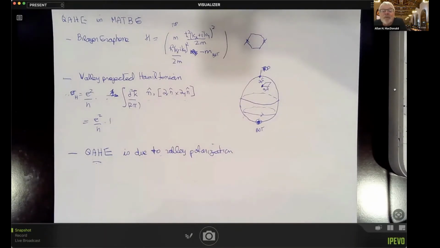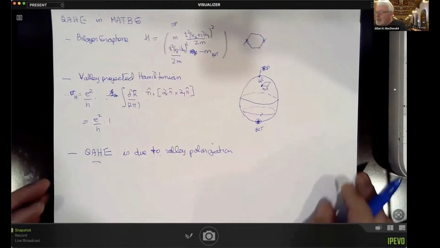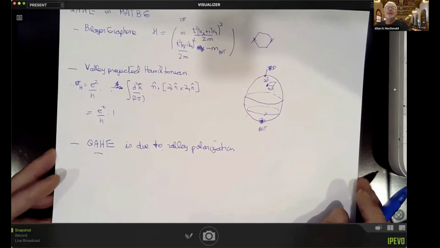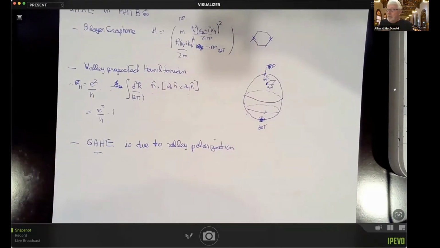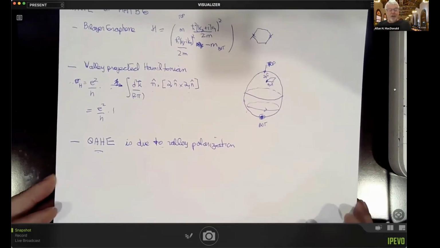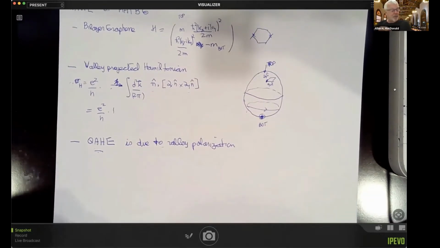That if both valleys are occupied, then the two valleys have opposite sign of Chern number because they're related by time reversal, and the way you get a non-zero result is simply by forming this ferromagnet-like state, which occupies one and not the other.